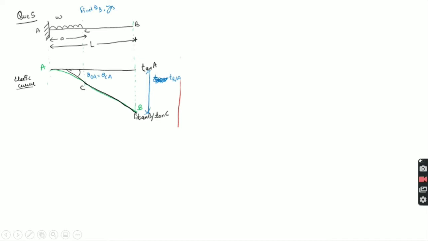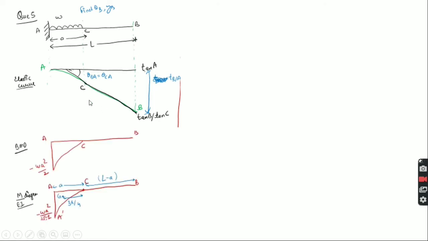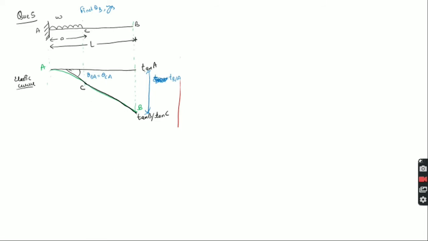Then tangent at B. As you can see, in the portion CB there is no load acting, so the BC portion is a straight line, right? In the deflected shape of this beam due to the loading, the AC portion is loaded, so it will be a bit curved, and the CB portion is not loaded, so it will be straight inclined.